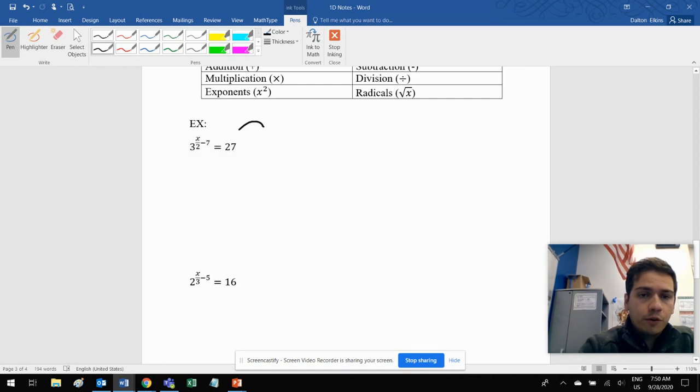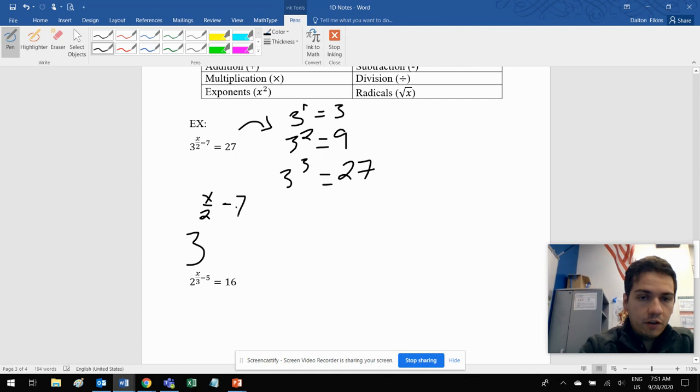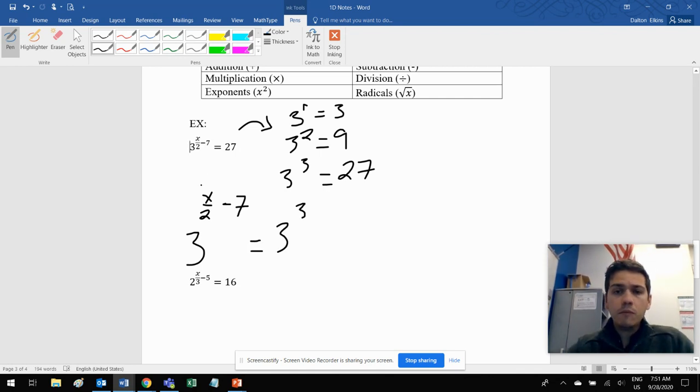So what we're going to do is rewrite 27 as 3 to some power. 3 to the first power is 3, 3 squared is 9, and 3 to the third power is 27. So I'm going to rewrite this as 3 to the x over 2 minus 7 power is equal to 3 to the third power.